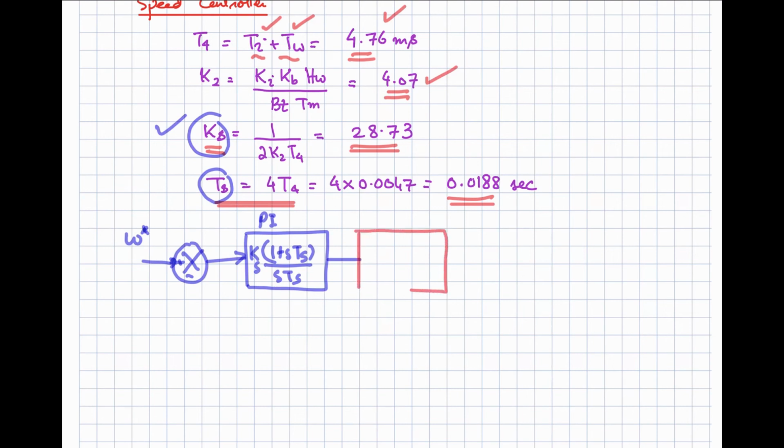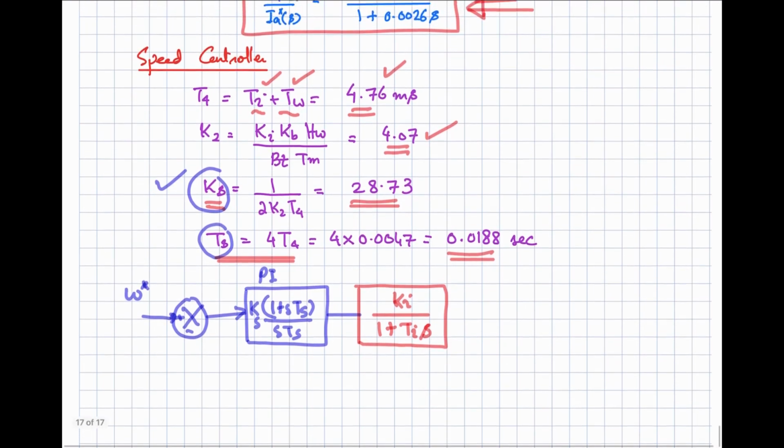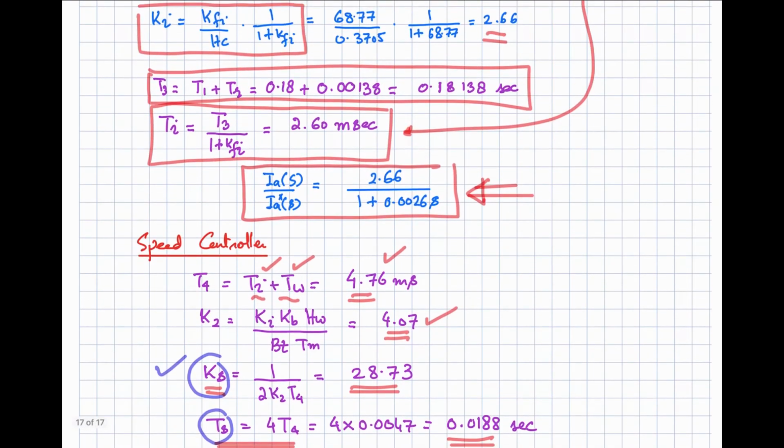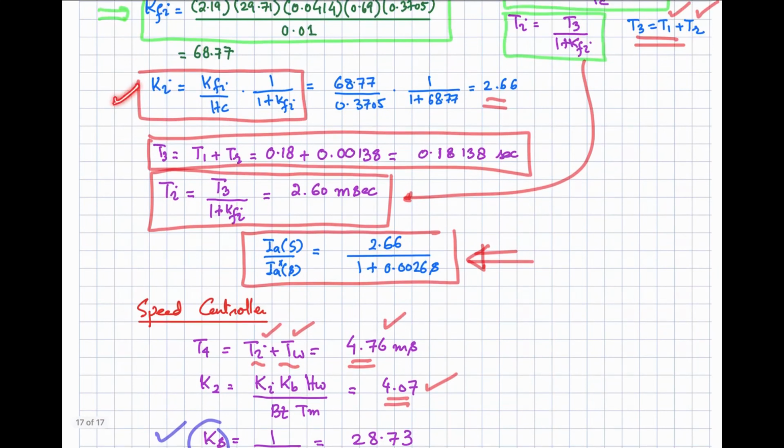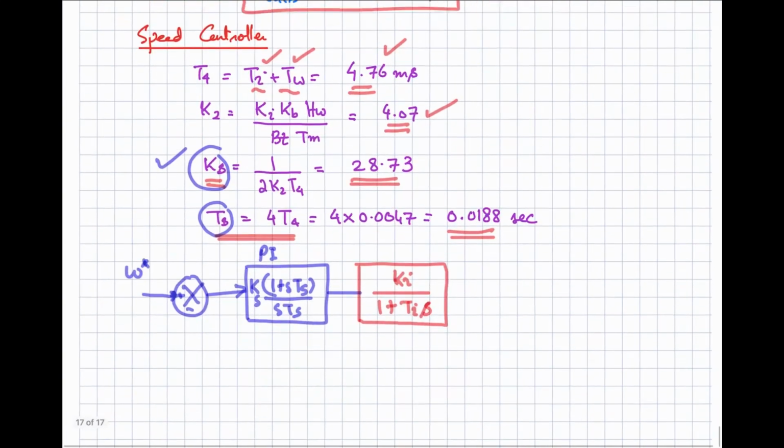Next thing was the current loop approximated by the first order transfer function, so that was this one. For this loop we have calculated Ti and Ki, and we did it over here, right? This is Ti, and the other one is Ki. So Ki and Ti are worked out.